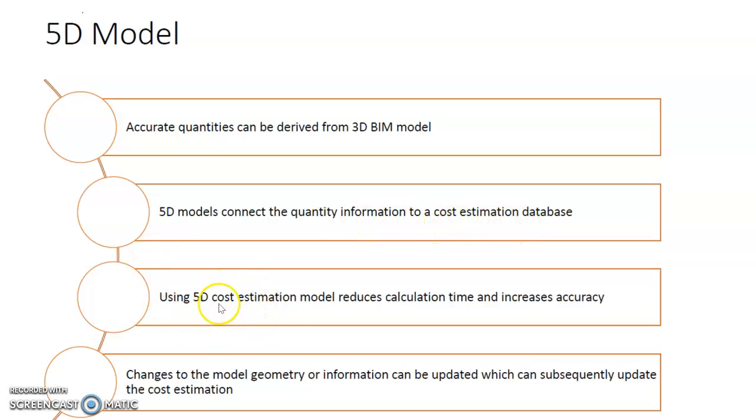Using the 5D cost estimation model will reduce the calculation time needed to calculate the different quantities and increase the accuracy of the cost estimation. Changes to the model geometry or information can be updated almost instantaneously, which can subsequently allow for an update of the cost estimation.